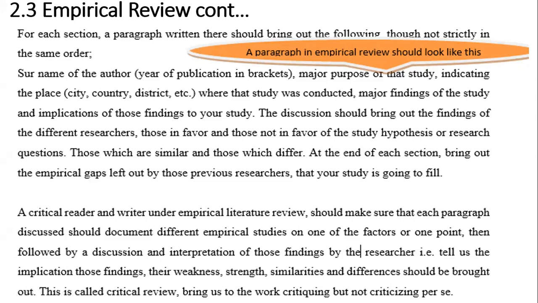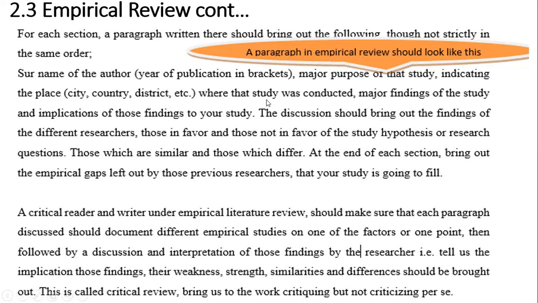We have to note this. Under empirical review, we are looking for research findings. Therefore, it is either a dissertation, a research report, a journal article or an institutional report with the research findings on the nature of the relationship between the IV and the DV.